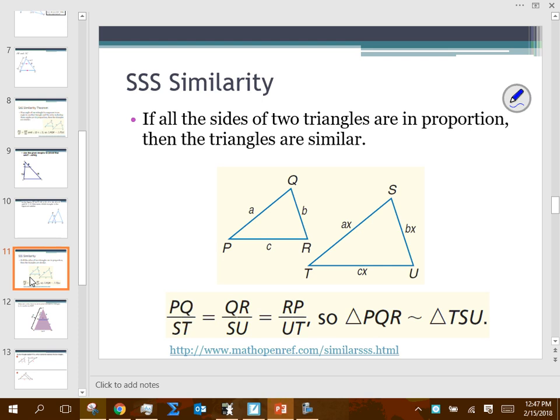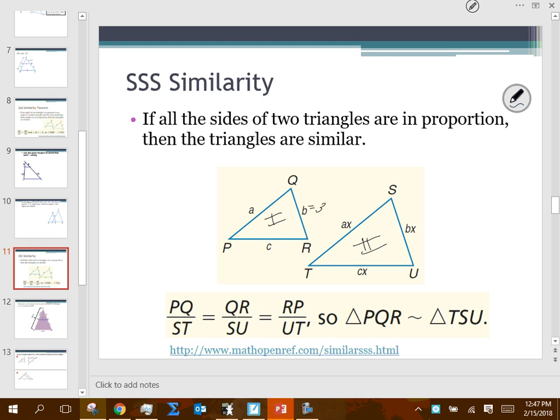Okay. One thing you've got to think about here: if I've got two triangles, let's call this one triangle 1, and call this triangle 2. Let's just say in triangle 1, B is the smallest side length. To be proportional, to be similar shapes, let's say B is a length of 3.